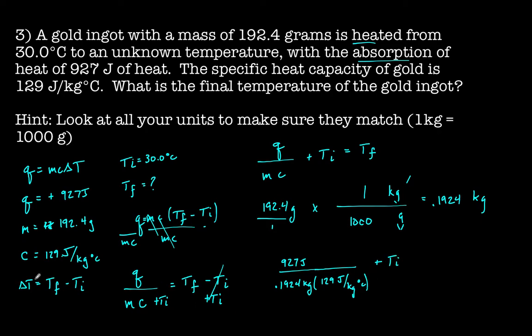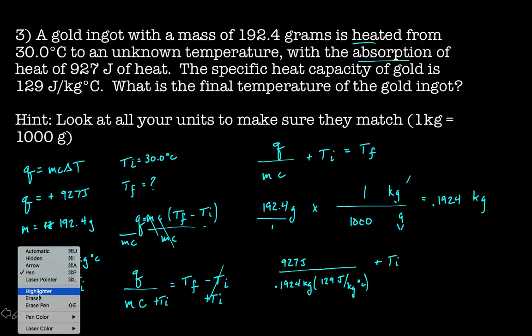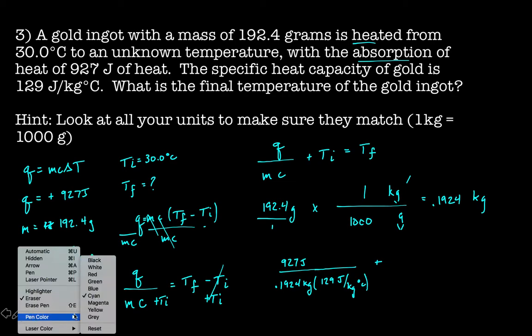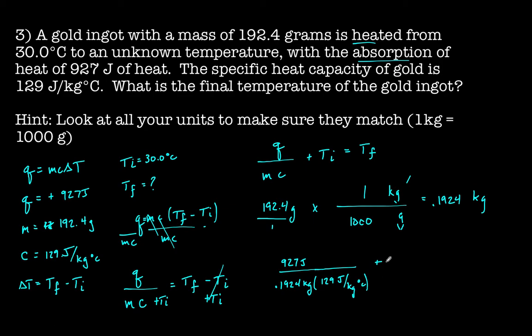Oh, but I need to write the actual number for that, don't I? This is the plug-in step. So, plus Ti then, here is going to give us plus 30.0 degrees Celsius. If I plug everything in, then let's see what we get.